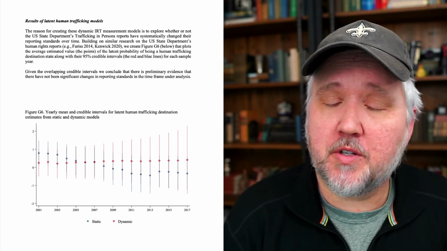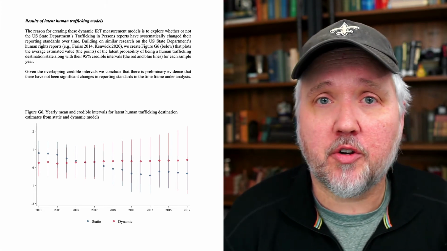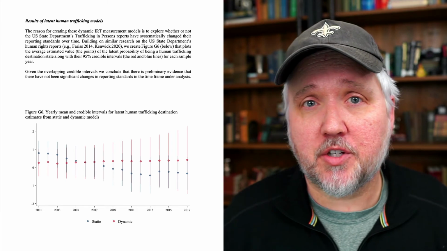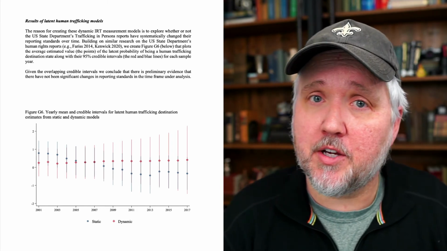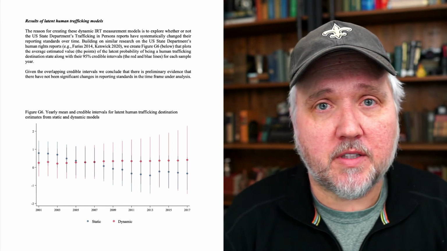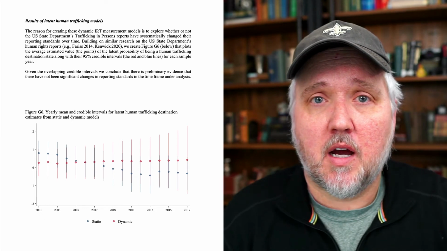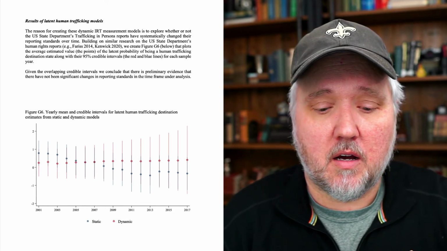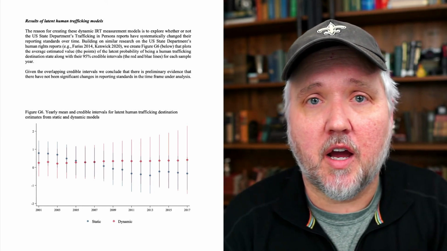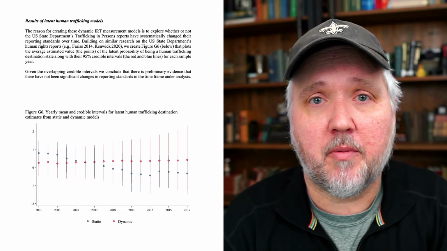So with other forms of crime as well, things that are harder to measure, you try to get a whole bunch of measures from different sources, including my measures, throw them all together and use this kind of method to try to get at the underlying latent probability of having trafficking.